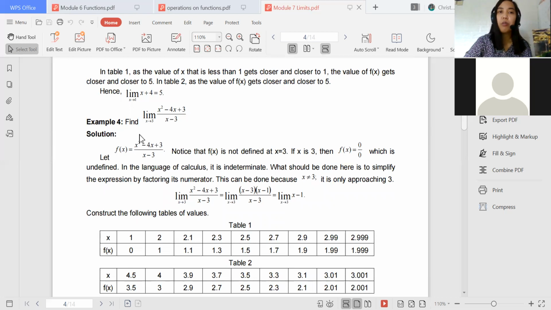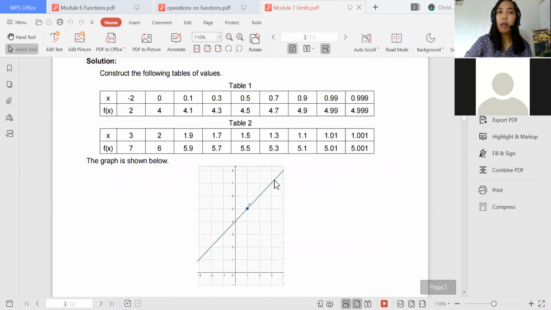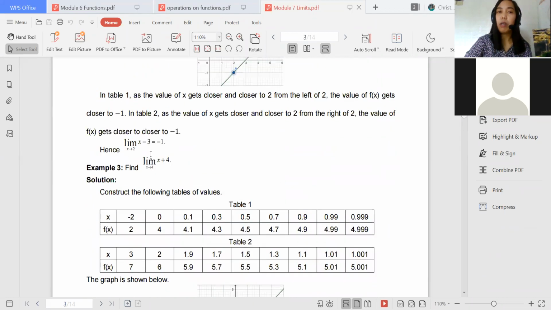Find the limit of x squared minus 4x plus 3 over x minus 3 as x approaches 3. When we substitute it to the given, magsi-0. Right? 3 minus 3, it's 0. So dito kasi, para mas madaling makuha ang value ng limit, if it's algebraic functions, okay, one of the theorems, you just need to substitute the given value. 2 minus 3, the answer is negative 1.